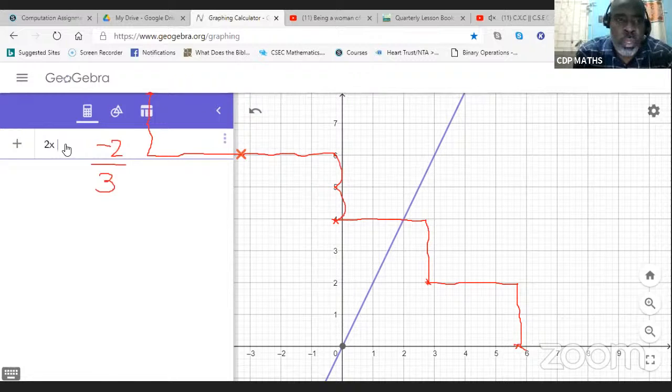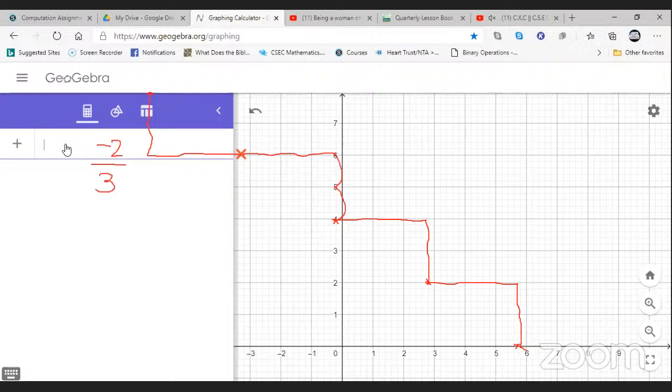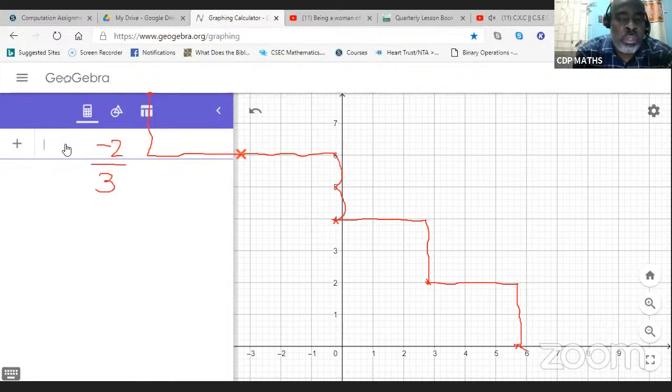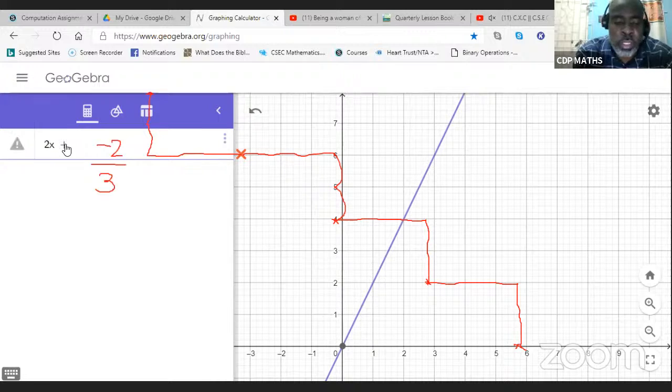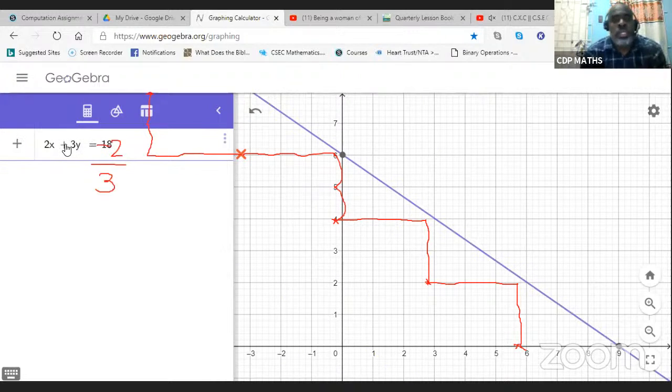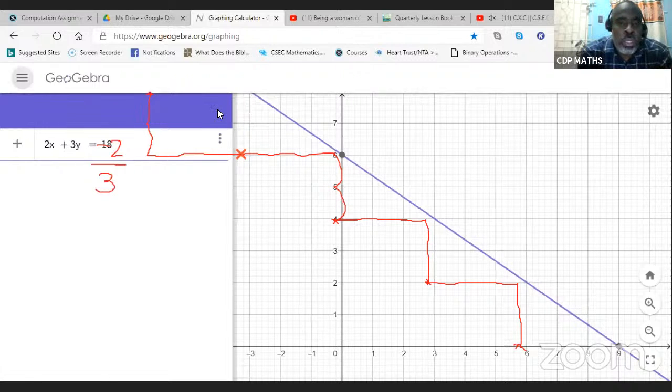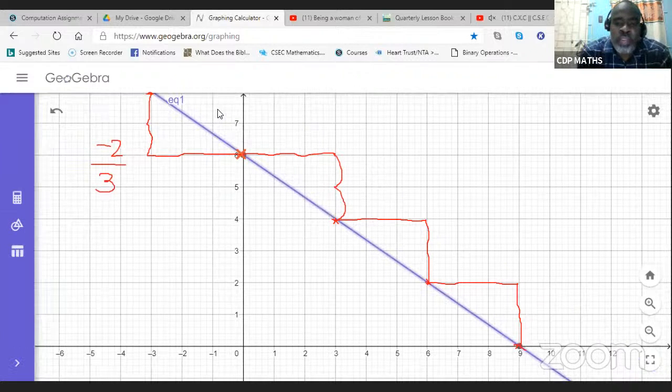So what are we doing? It's not question 3 we're doing, question 2. Oh, it says 2x plus 3y equal 18. Remember, I want to make sure it's right. All right, and there we are. Everything lined up. See? Good.